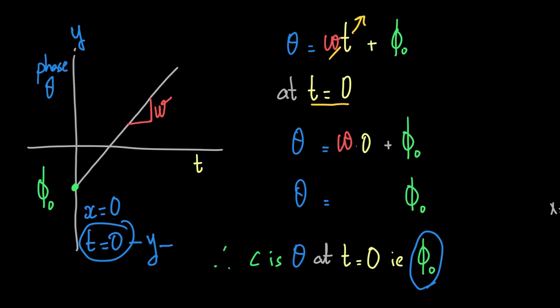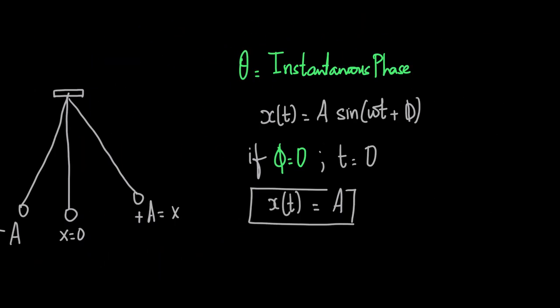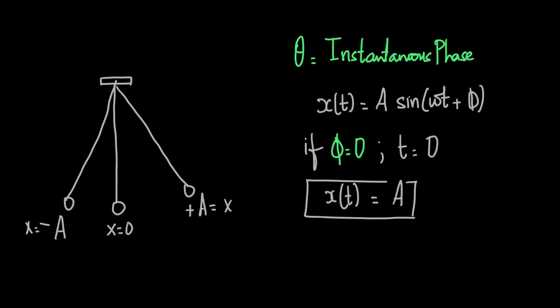Okay. Now let's visualize instantaneous phase one more time. We know theta is the instantaneous phase and x of t is equal to a sine omega t plus phi, or a sine theta. If phi is equal to 0 and t is equal to 0, we make these two values 0 here.